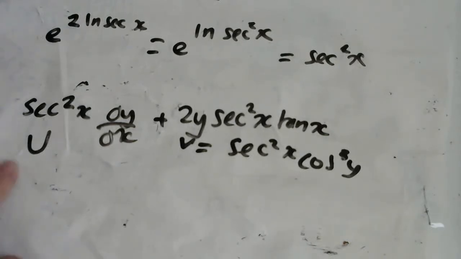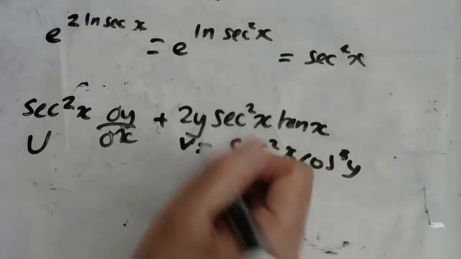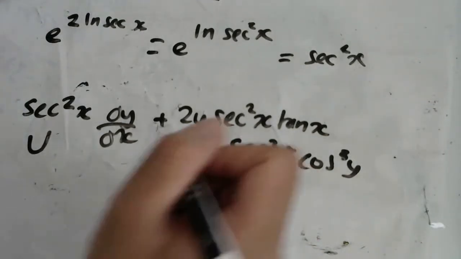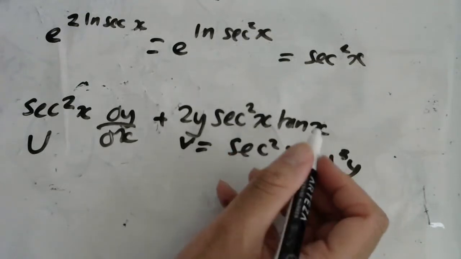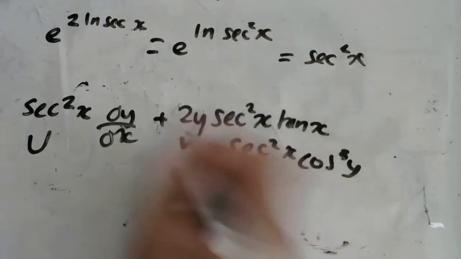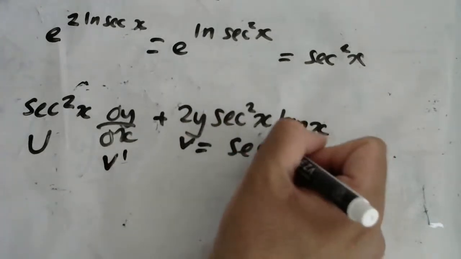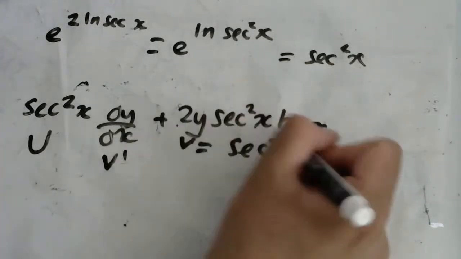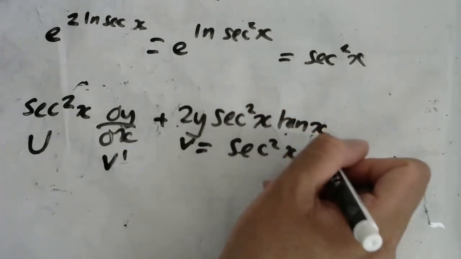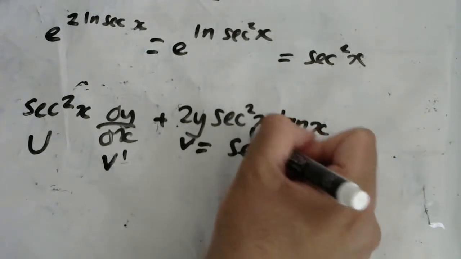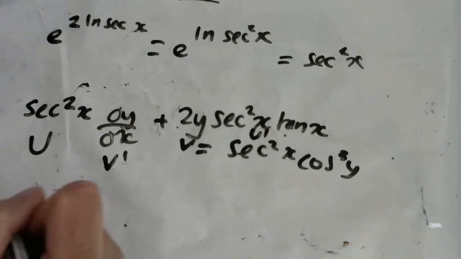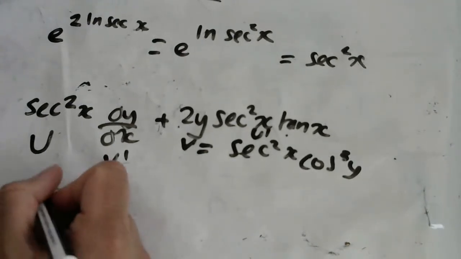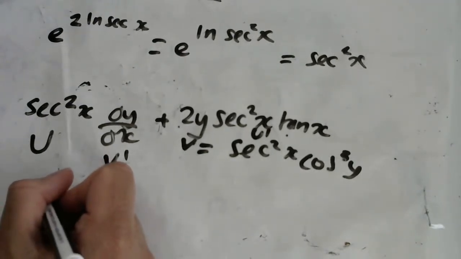So this is u, that's v, the y. 2 sec squared x tan x is your u dashed, and this is going to be v dashed. So uv here would be y sec squared x. Yeah, let's call it like that.